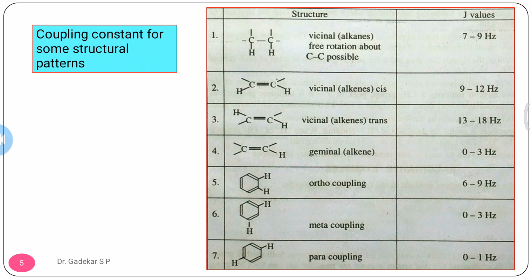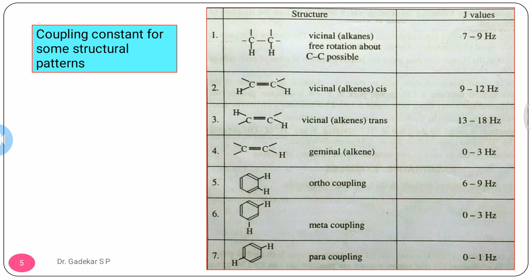Next is geminal coupling, coupling across a single carbon. Its value is very small, near about 0 to 3 hertz. Sixth is ortho coupling, then meta coupling, and seventh is para coupling.